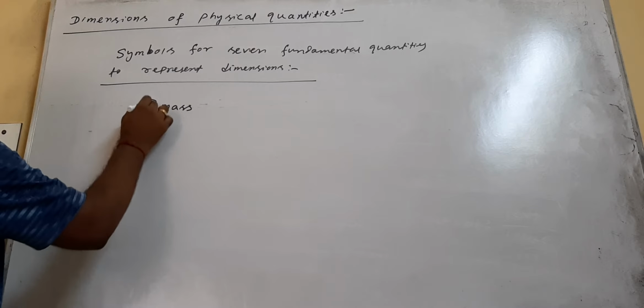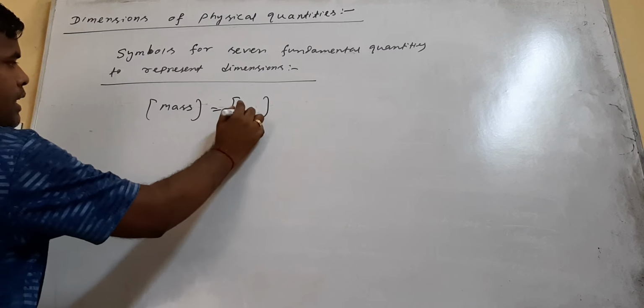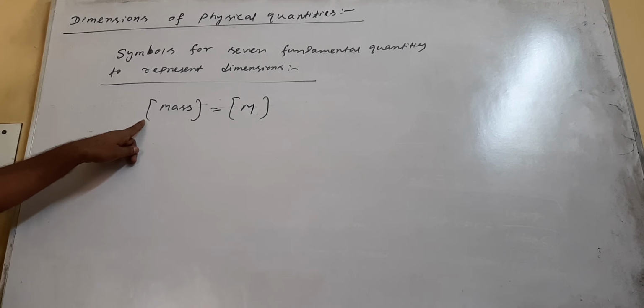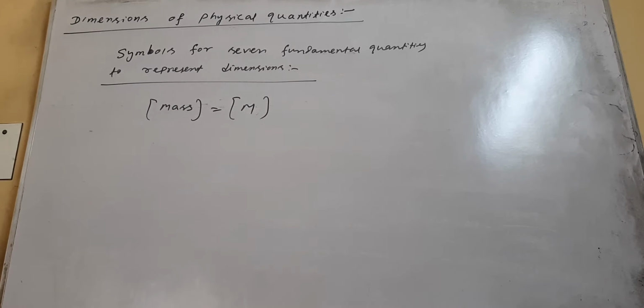Mass dimension, that is M, and you remember dimensions are represented in terms of square brackets.